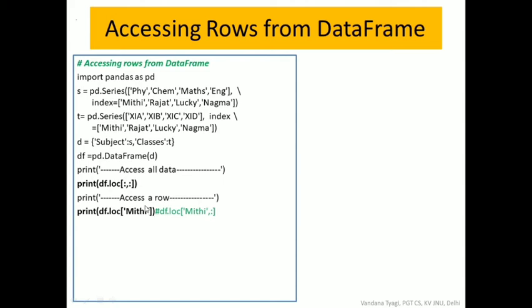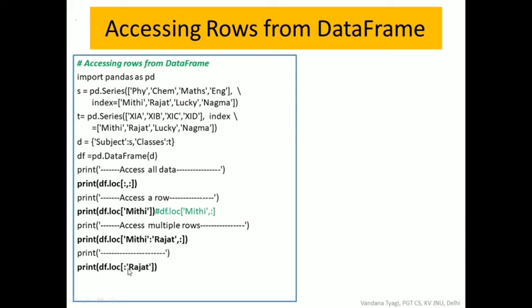Here I have not specified column values; you can also write a colon, the blank slicing operator, here, because we are including all the columns. Similarly, to access multiple rows, you specify using slicing where to start and where to stop, and then in the column again the empty slicing operator.